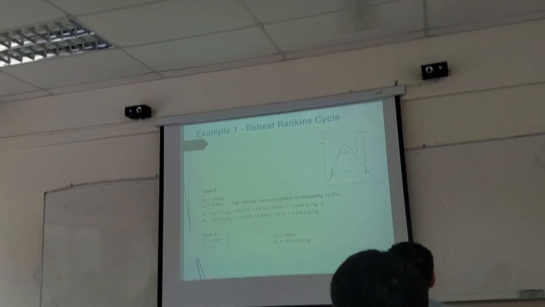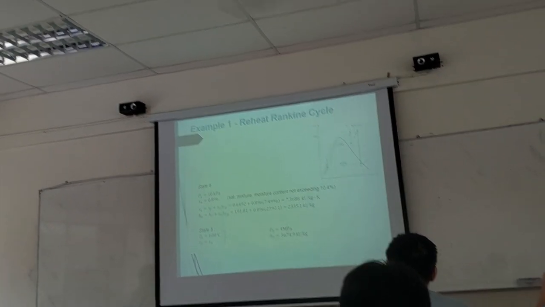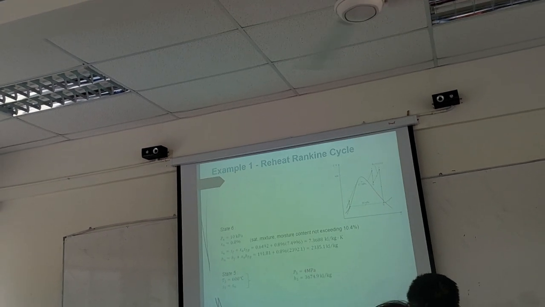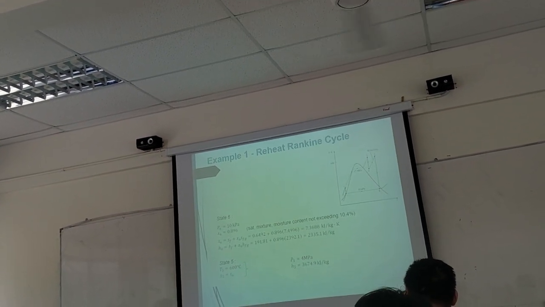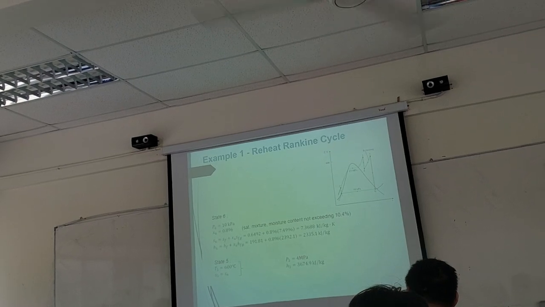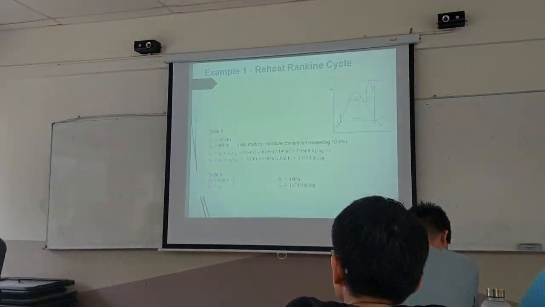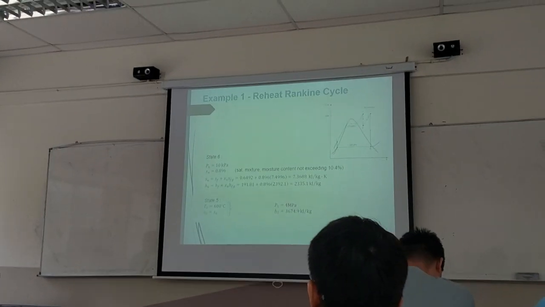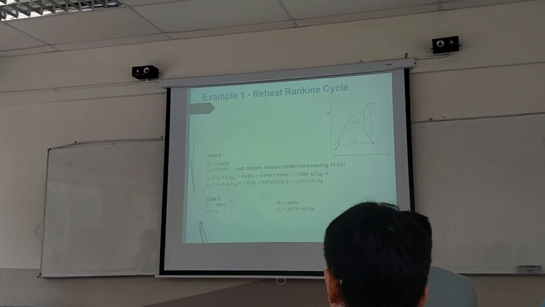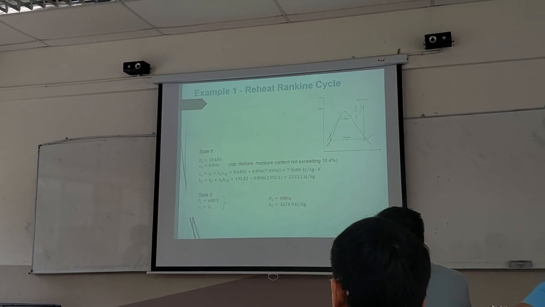From state 5, we know that T5 is 600 degrees Celsius, S5 is S6, and the answer that you get should be approximately 4 megapascal from the superheated steam table or vapor table. And then from there, you can also get the H5 value.